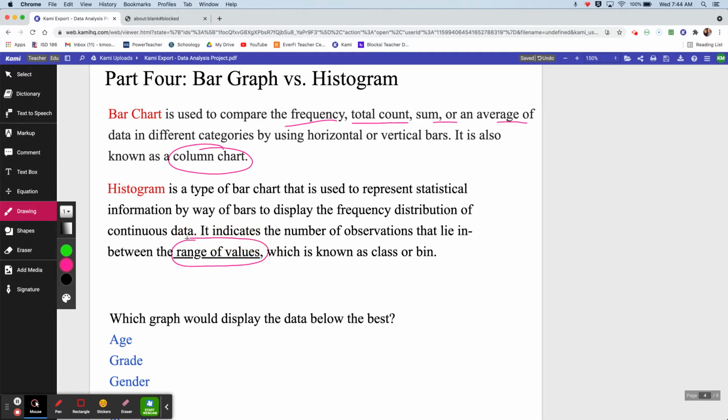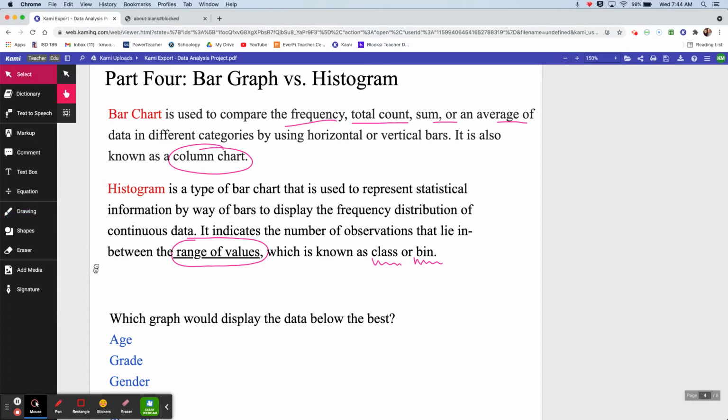When you see these bars in a histogram, they're known as bins or classes because each represents a range, like everything from 10 to 20, 20 to 30, and 30 to 40 if you're talking about age. Listing 21-year-olds, 22-year-olds, 23-year-olds would be more of a bar chart because it doesn't have that range.